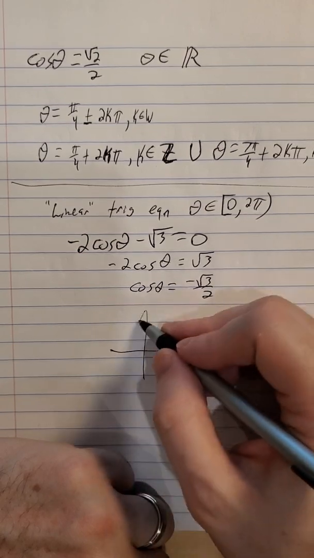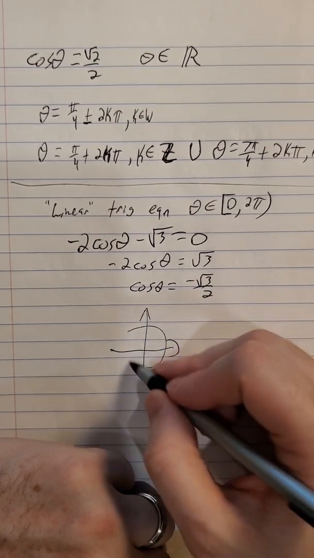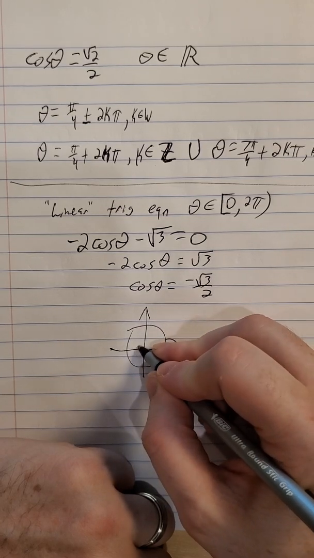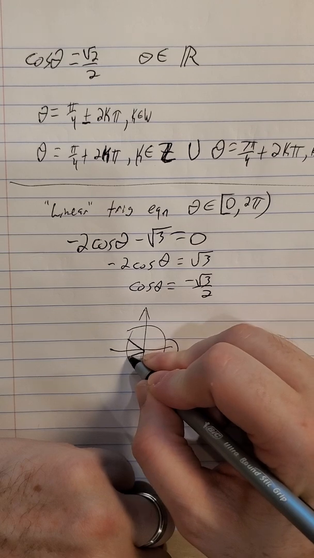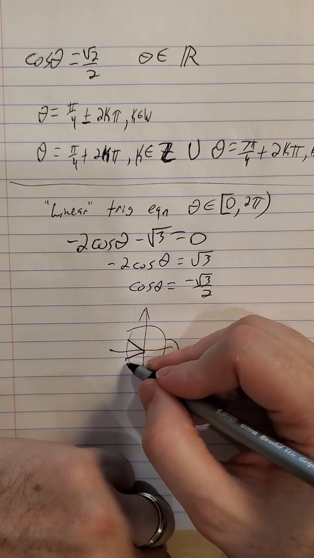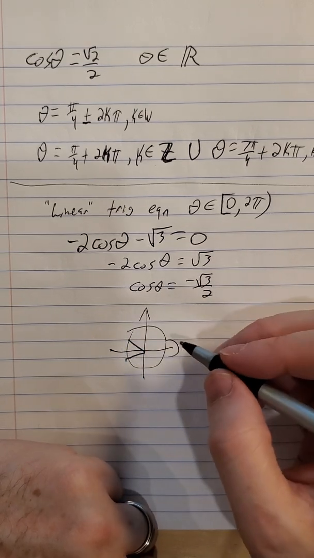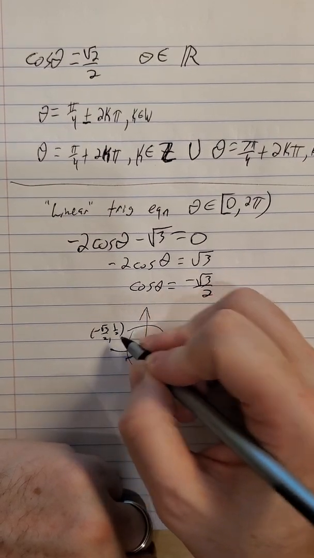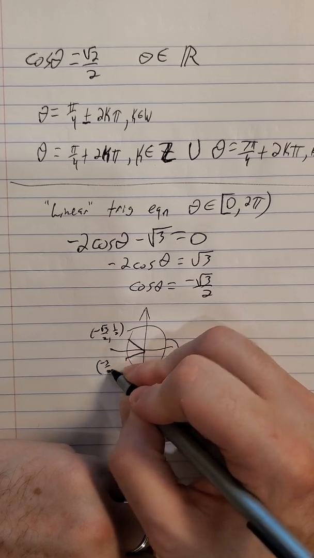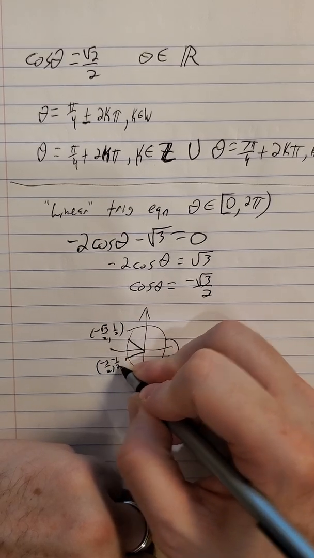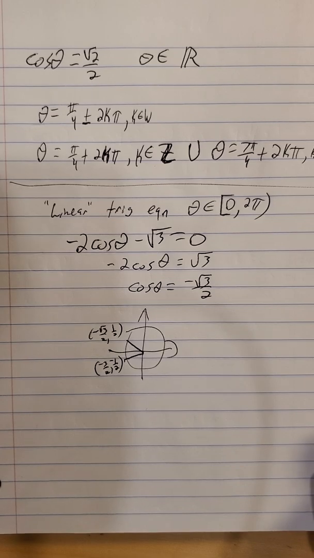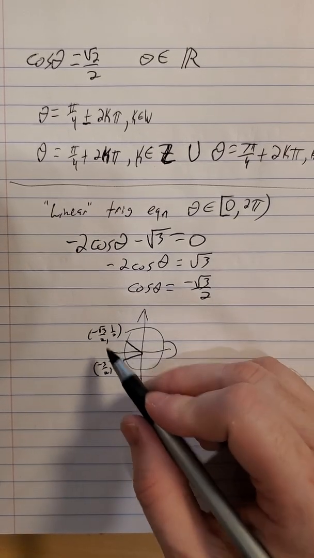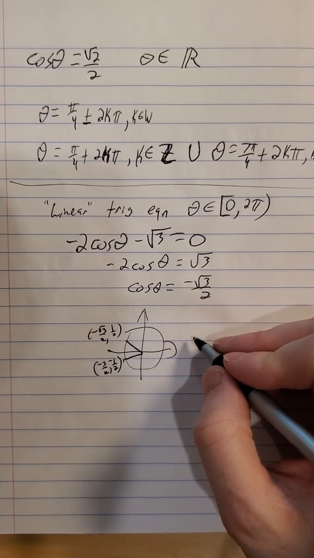Well, on our unit circle, we've got a couple places that fit that bill. Our cosine is at a negative root 3 over 2, so that is 30 degrees above or below pi. So we have negative root 3 over 2, 1/2, and negative root 3 over 2, negative 1/2. Both of those have a cosine value of negative root 3 over 2.